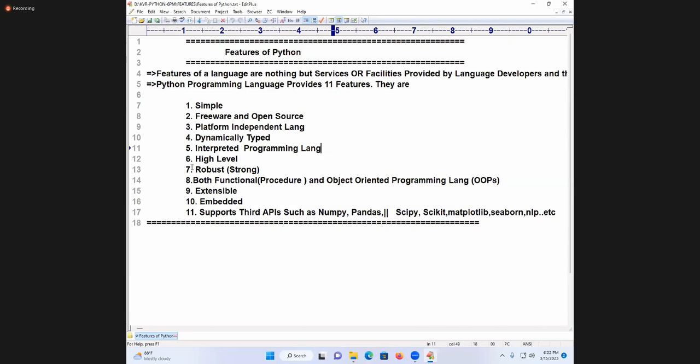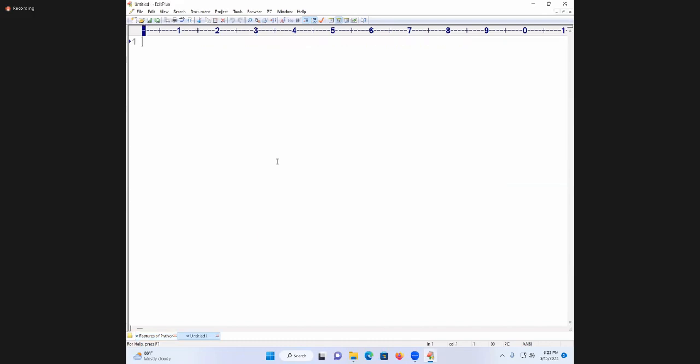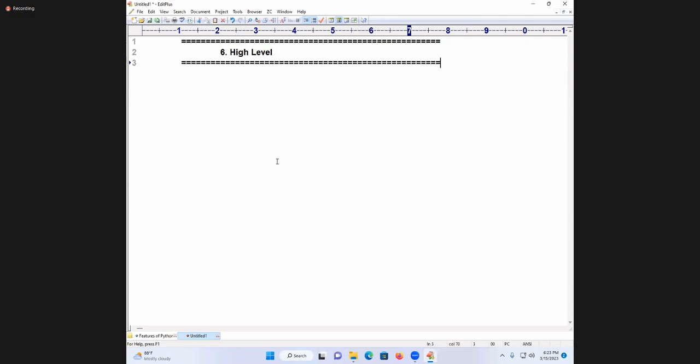So coming to the point of it, we are entering into the next feature called high level language. Carefully look at that. These features are very simple, easy to write, and easy to understand.